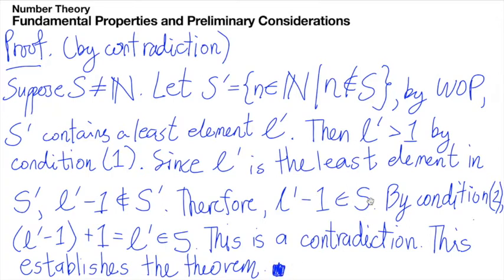Okay, so what happened here? By condition 2, since we know that L prime minus 1 is in S, because it's not in S prime, because L prime is already the least element.